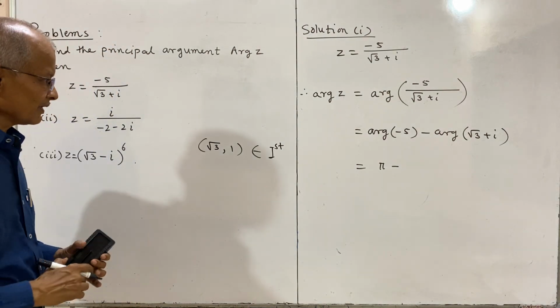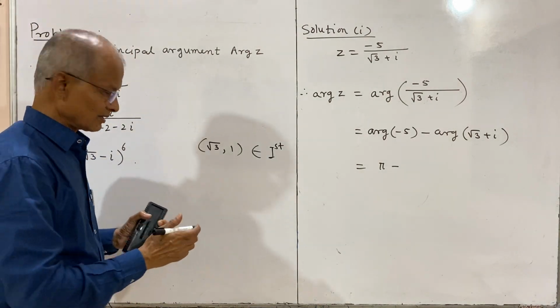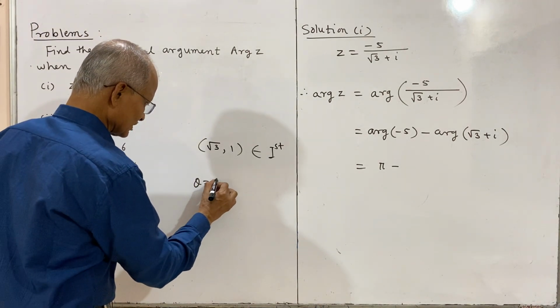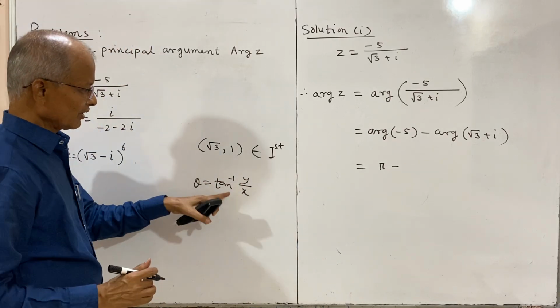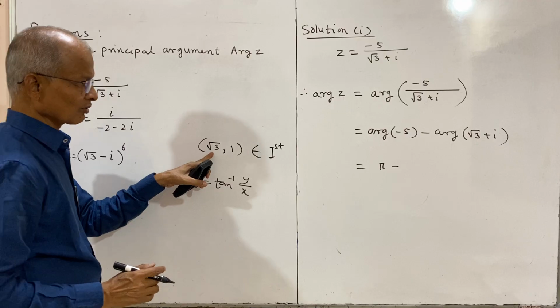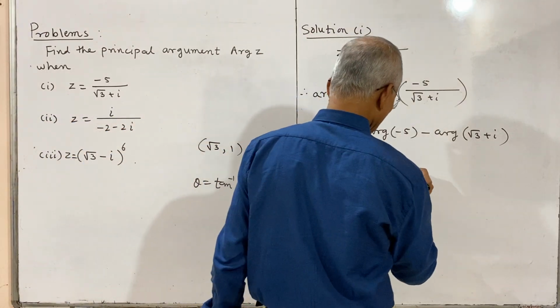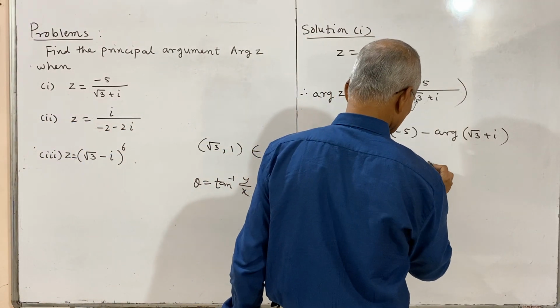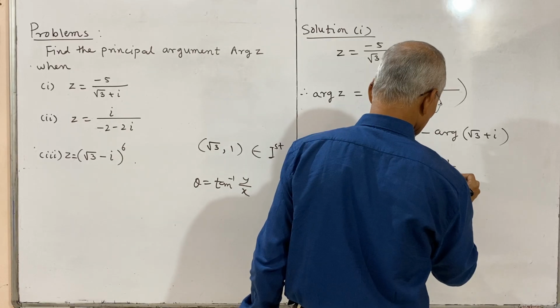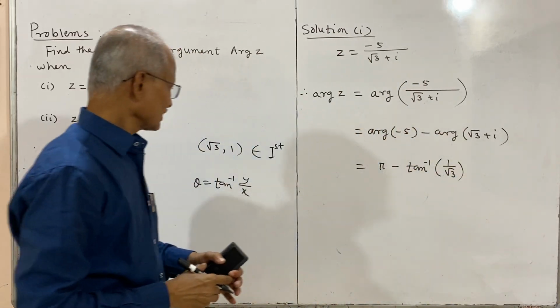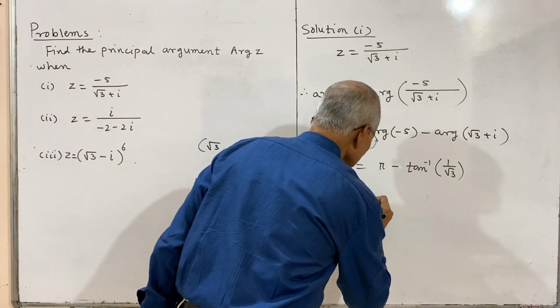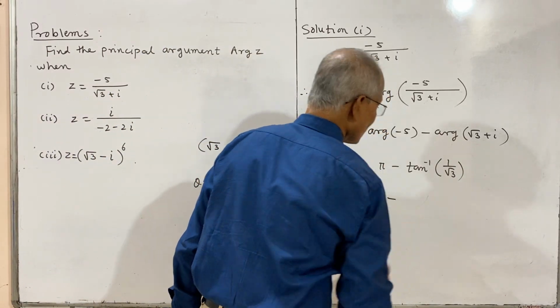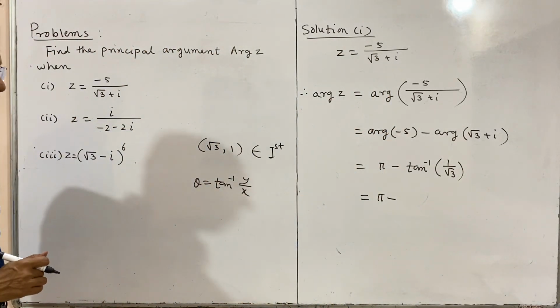So if the point lies in the first quadrant, its argument is theta equal to tan inverse y upon x, and therefore it is tan inverse 1 upon root 3. We have studied this in our earlier lecture, you can refer to that lecture. And this is pi minus tan inverse of 1 upon root 3.